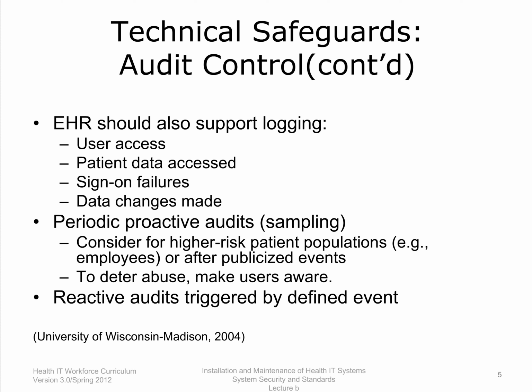Proactive auditing can serve as a deterrent to would-be voyeurs. Therefore, it is important that system users be aware that proactive auditing takes place. Reactive audits are performed whenever a defined event triggers the need for an audit. An event might be a patient or employee complaint or a security system alarm.